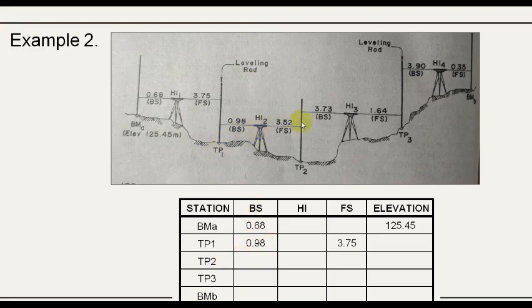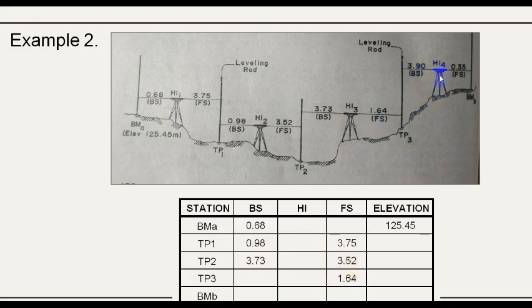Then, foresight sa atong turning point 2, which is equals to 3.52. Then, sa third setup, musight na pagkabalik sa turning point 2 na backside reading equals to 3.73. Then, ang foresight reading sa turning point 3 ay 1.62.